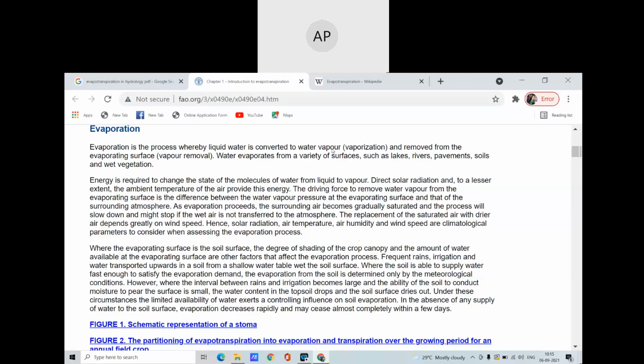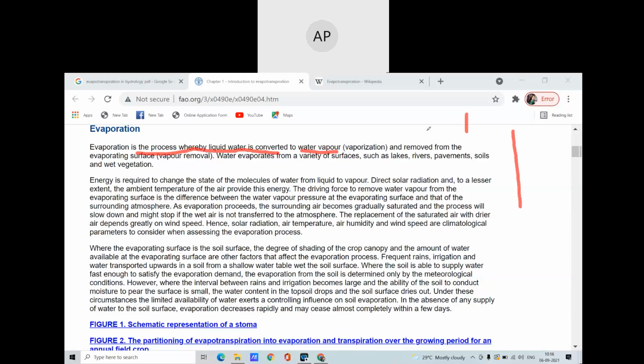So what is evaporation? Evaporation is the process whereby liquid water is converted to water vapor and removed from the supporting surface.